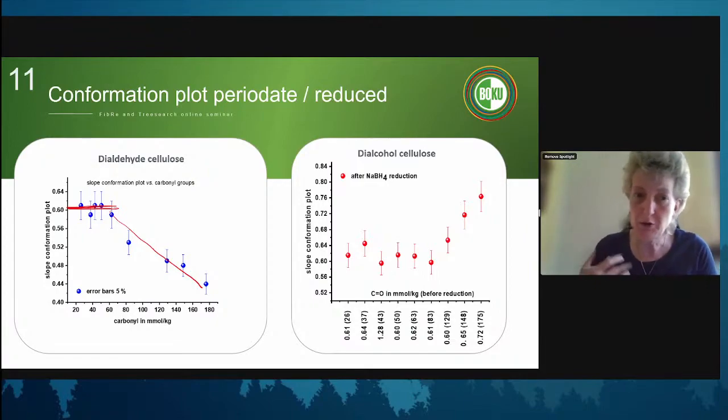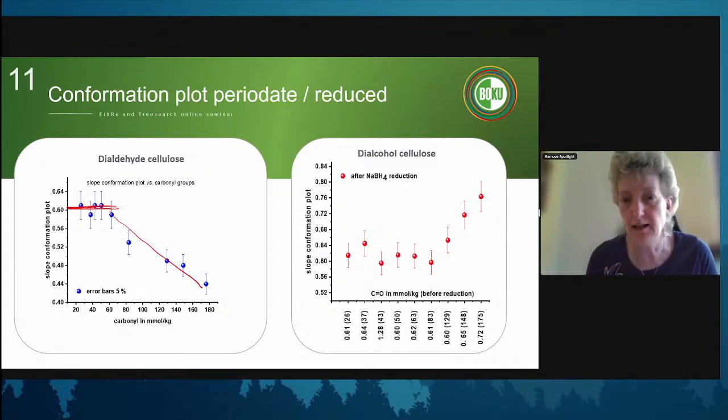We can also go to the other side, because we are opening up the C2, C3 bond. If we reduce that same dialdehyde cellulose, for instance with borohydride, which I will talk about in a little bit, we see the opposite effect.